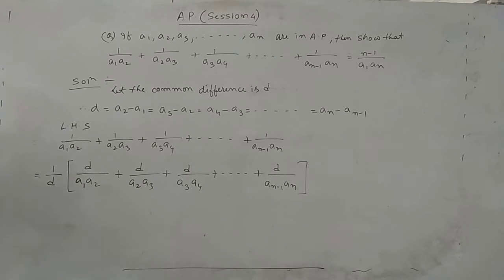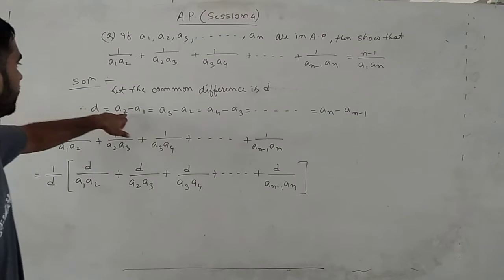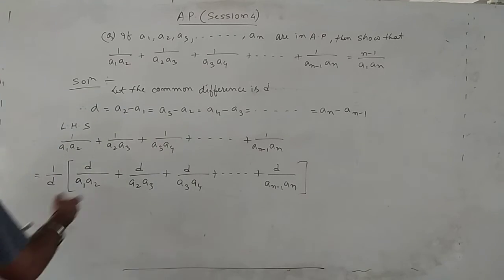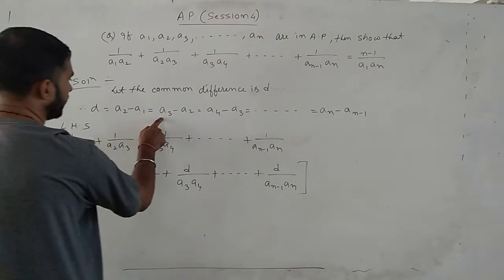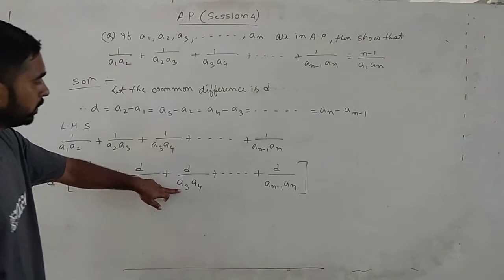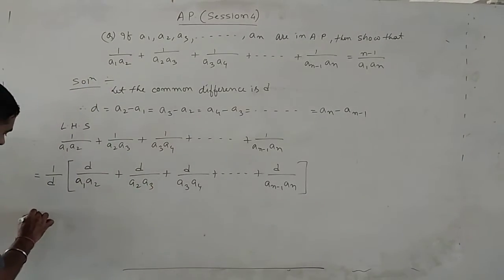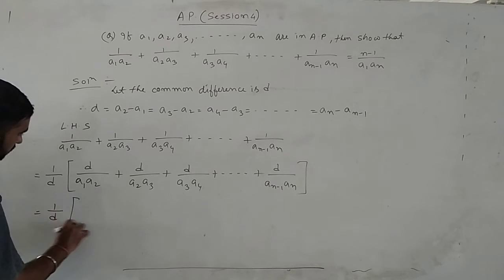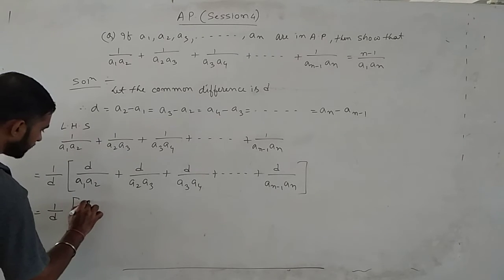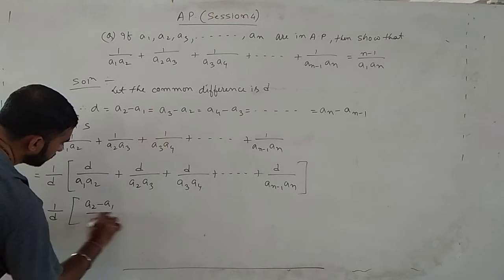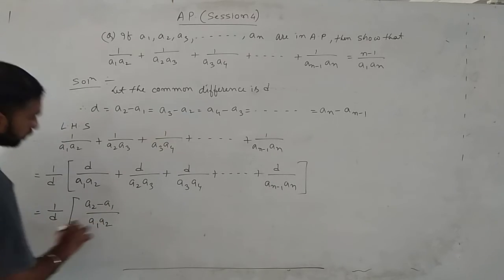Now we replace the value of d. Here in the first one d will be replaced by a2 minus a1. In the second one d will be replaced by a3 minus a2. In the third one d will be replaced by a4 minus a3, in this way. So here d means a2 minus a1 by a1 a2.